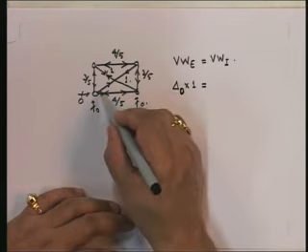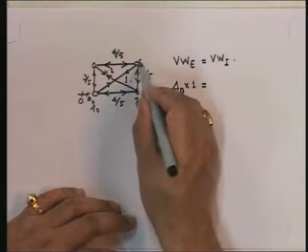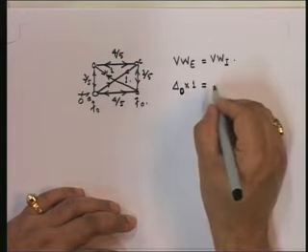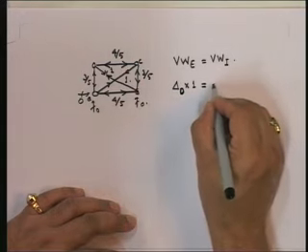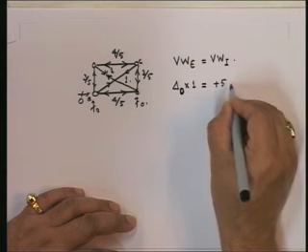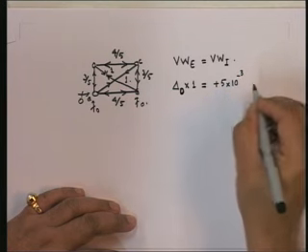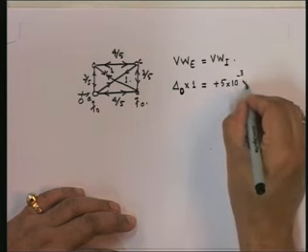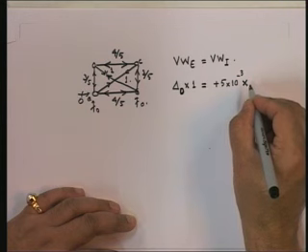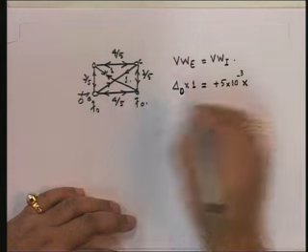All deformations are 0 excepting in member AC. So what is the member AC? Plus 5 millimeter, which, if I want to put it into units of meters, is 5 into 10 to the power of minus 3, multiplied by the virtual force in the member, which is 1.